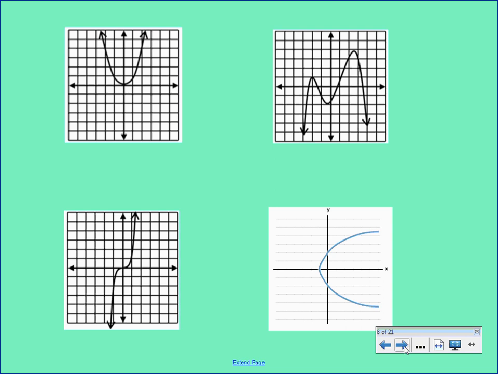All right. Talk to me, guys. Did any of these have x-axis symmetry? Bottom right. Bottom right? Awesome. Did any of them have y-axis symmetry? Top left. Those look a lot like the pictures we already drew, didn't they?